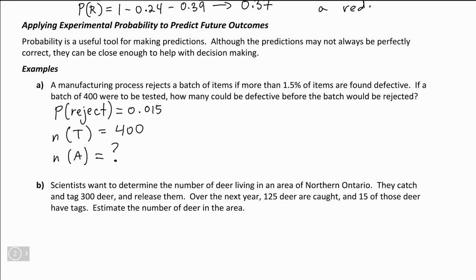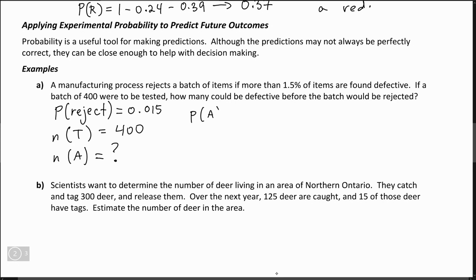Okay, so the probability of event A happening is equal to the number of times that the event occurred, divided by the total number of trials. And simply put, the probability is 0.015. 0.015 came from the 1.5% converted to a decimal.